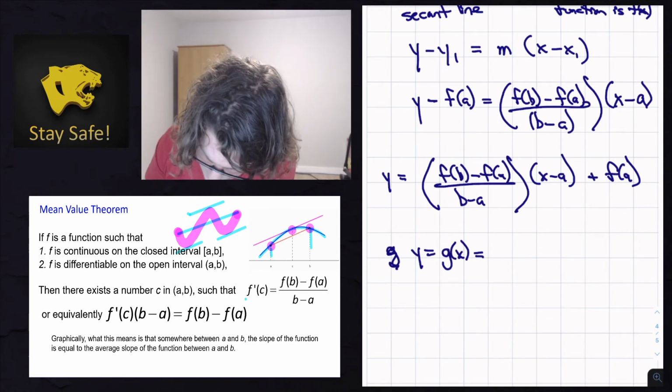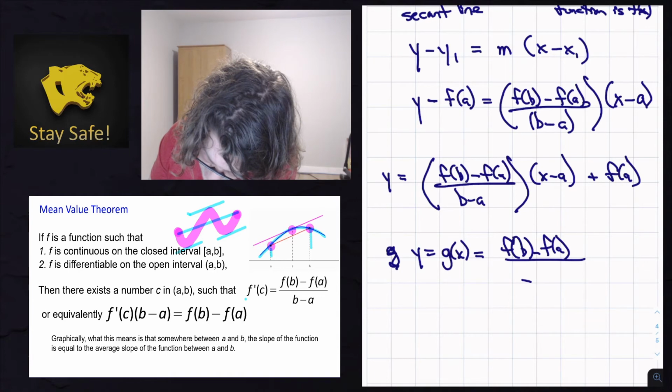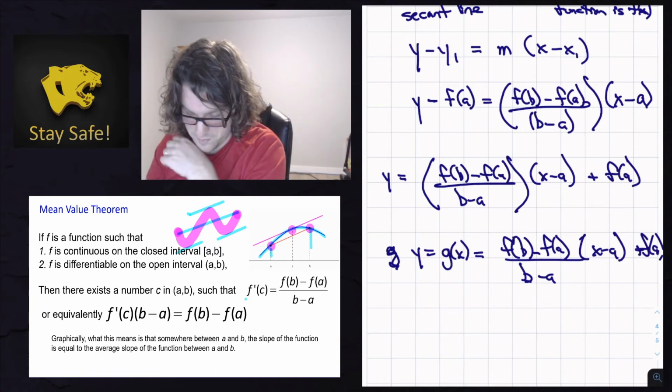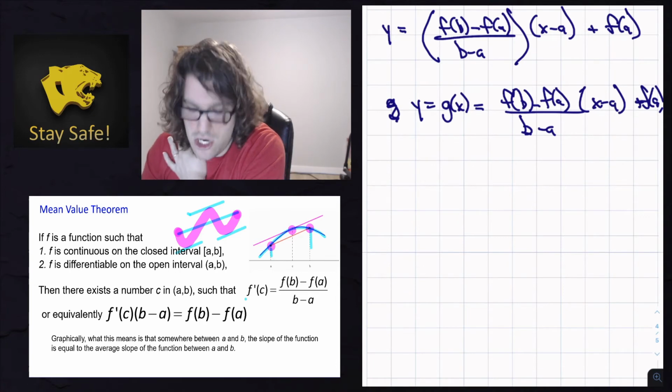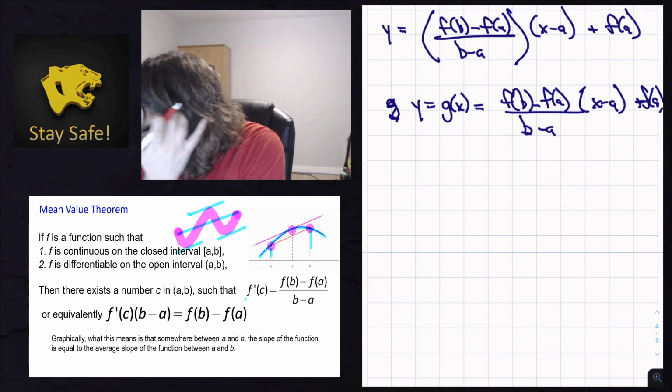So I'm just going to rewrite the whole thing, even though it's going to take me a little bit. There we go: b minus a, x minus a, plus f at a. All right, so I'm going to evaluate g at b and g at a.